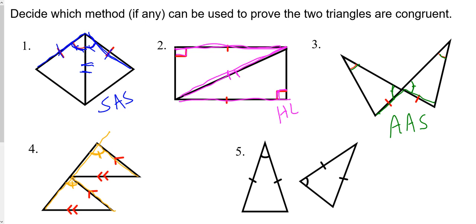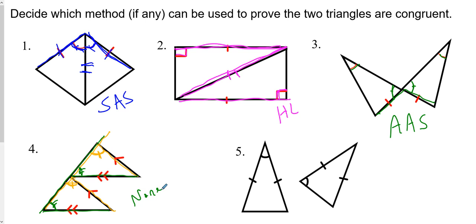And then likewise, if this line is parallel to this line, with this being the transversal, I know that this angle is congruent to this angle. So I have two angles. The one thing that I don't know, though, is any of the side lengths. So these cannot be proven to be congruent. So we'll just write none down for that.